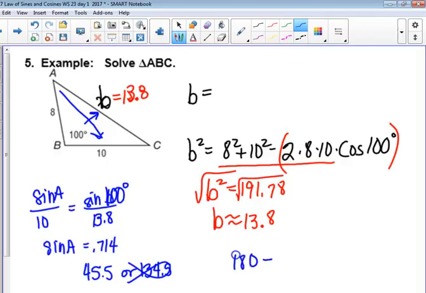If you just do 180 minus 145.5, you get what, guys? 34.5. If you do law of sines again, you get 34.8. Yeah, but the fact that somebody's going to carry this all the way through the whole problem without rounding at some point probably isn't going to happen. That's why I'm saying I'll take either answer.